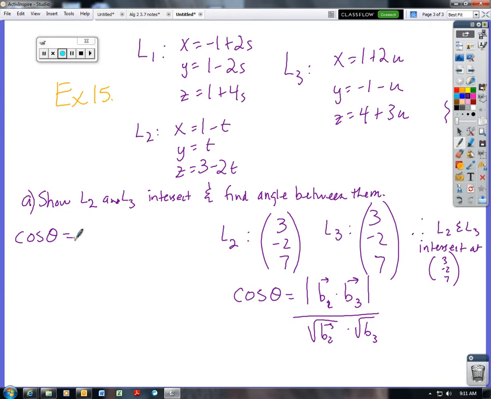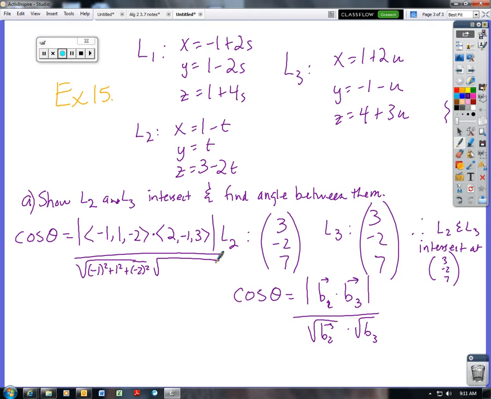Cosine theta equals, so direction vector for B2 is (-1, 1, -2), dotted with the direction vector for B3, which is (2, -1, 3), all over the magnitude of B2, which would be the square root of -1 squared plus 1 squared plus -2 squared, times the magnitude of the other one, 2 squared plus -1 squared plus 3 squared.